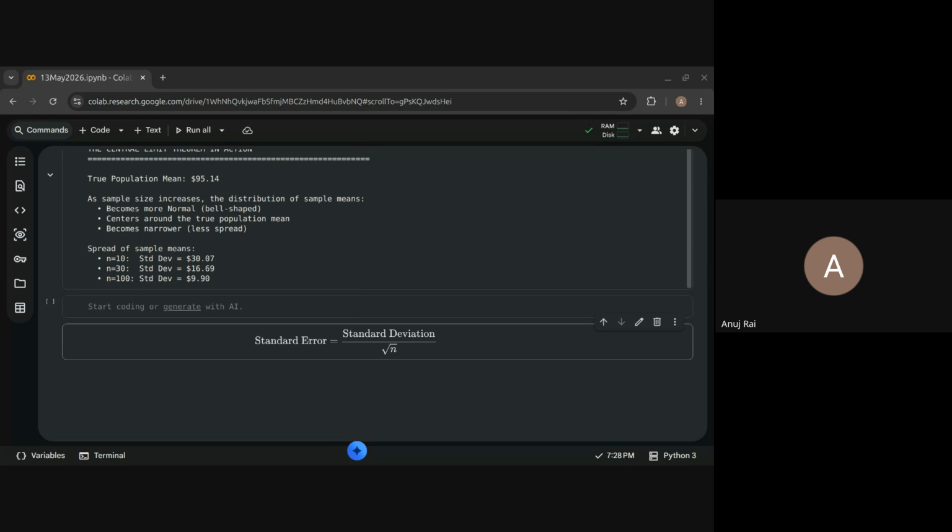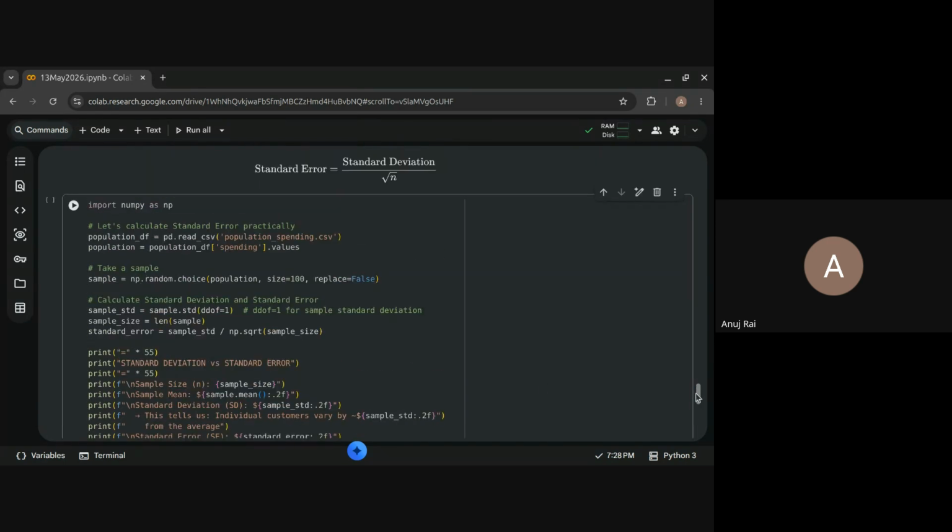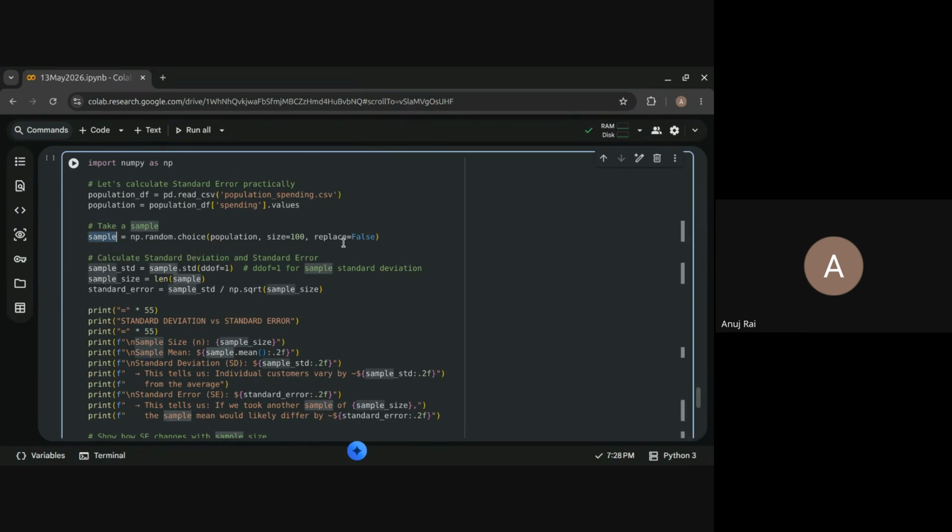And here n means your sample size. So here again we are taking a sample of 100 from the population.